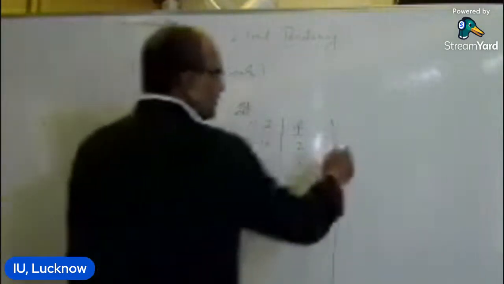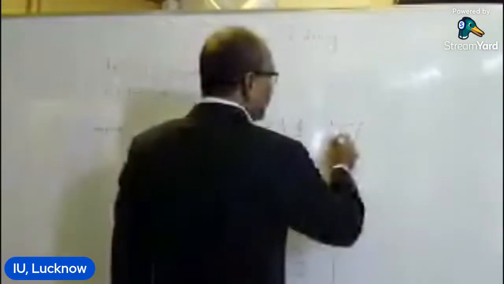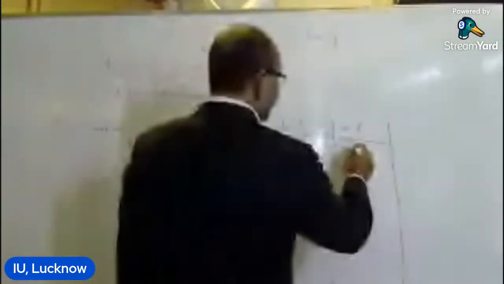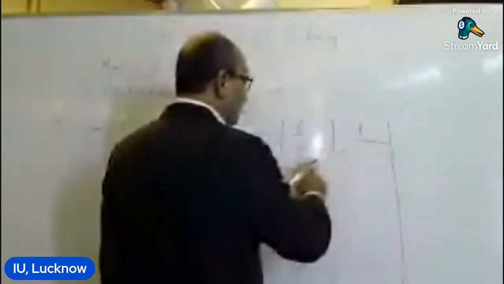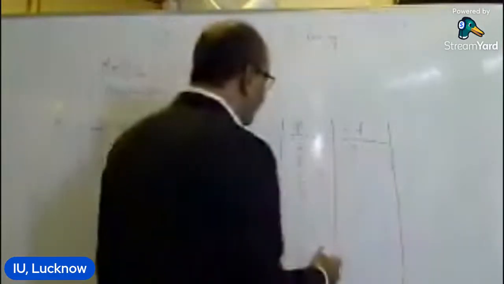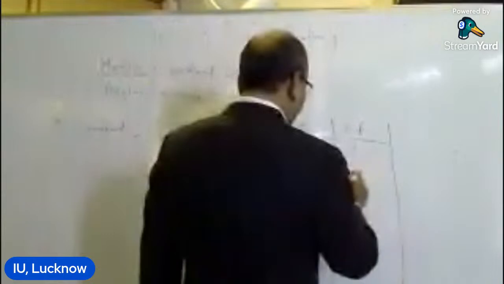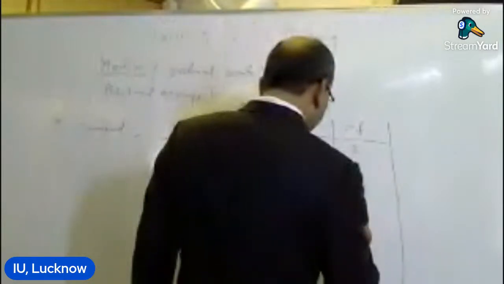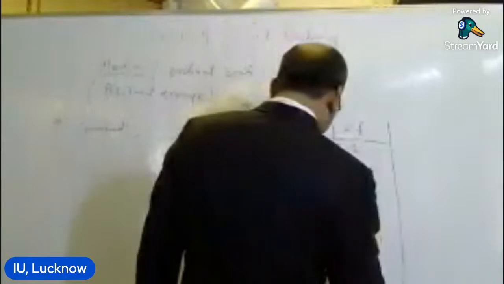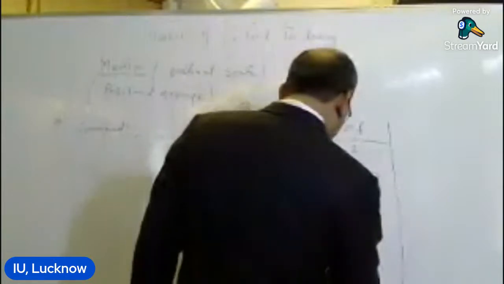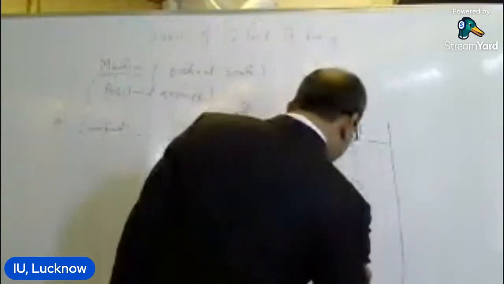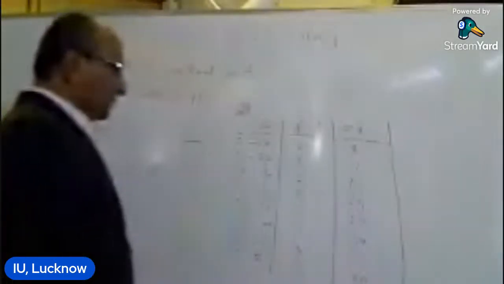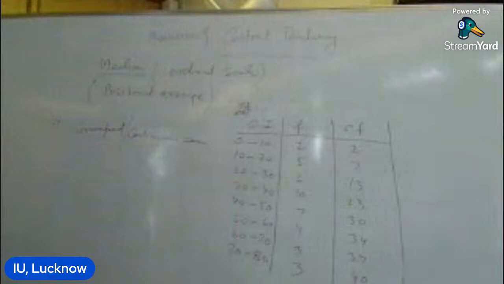So add all the frequency one by one: 3, 8, 14, 24, 31, 35, 37 and 40. So this is the cumulative frequency.